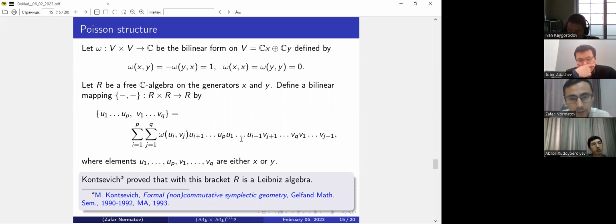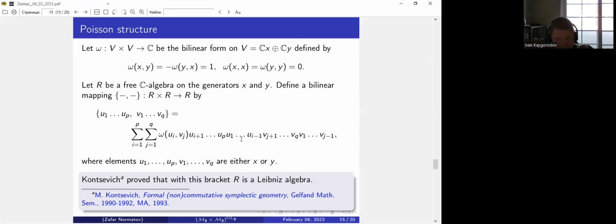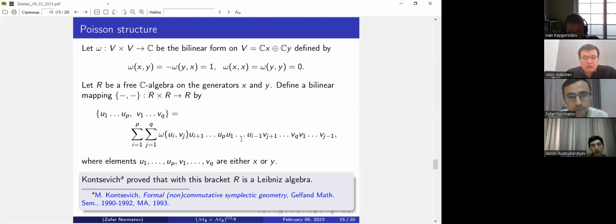After this quotient to receive a commutative algebra, it is possible to say that this Kontsevich construction can be written in an easier way.